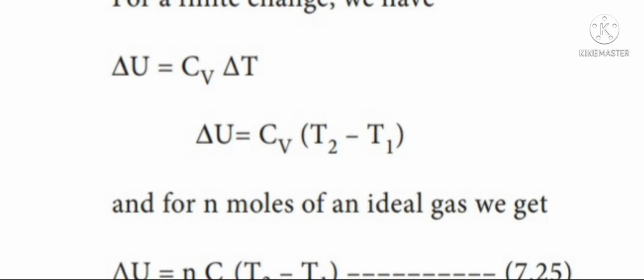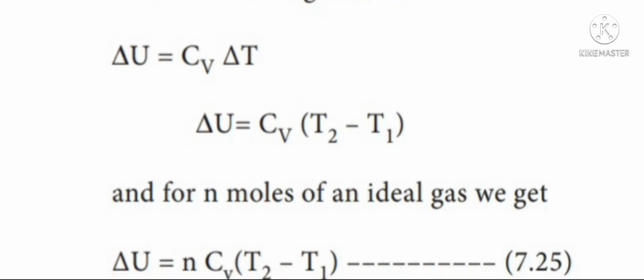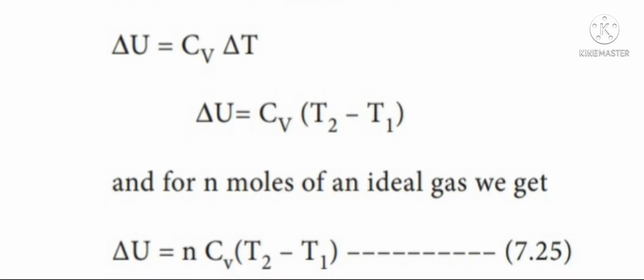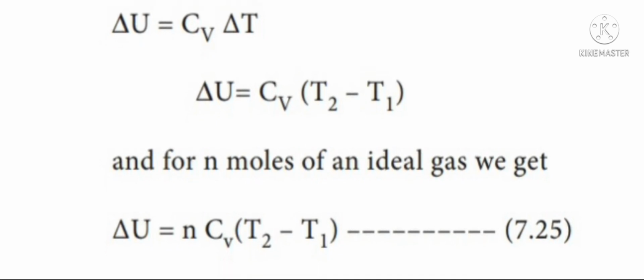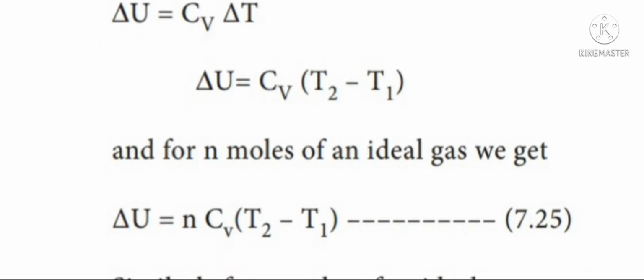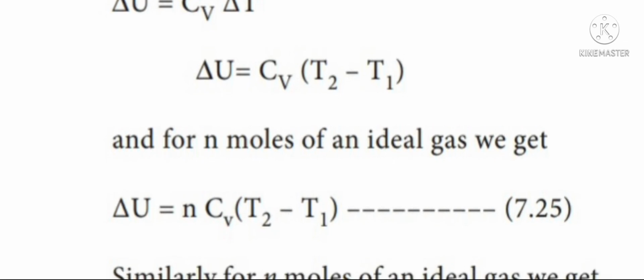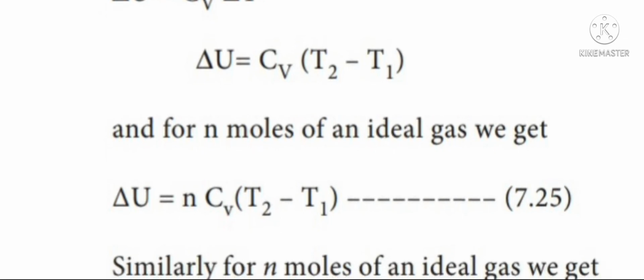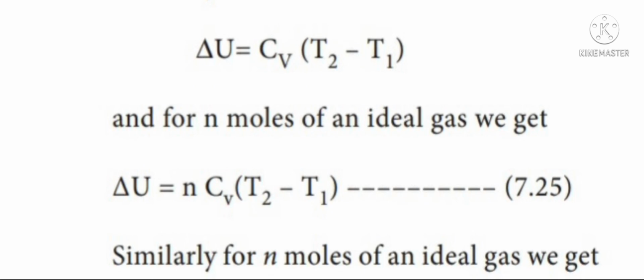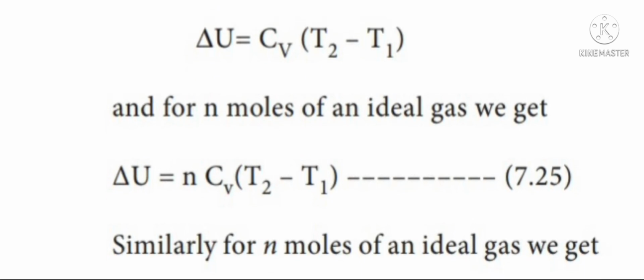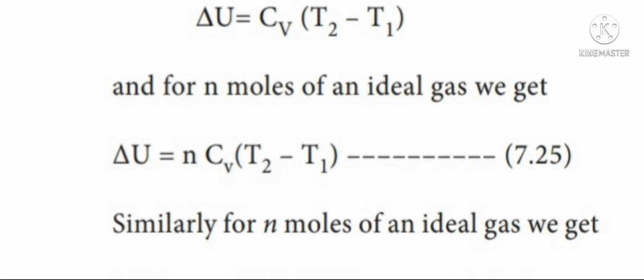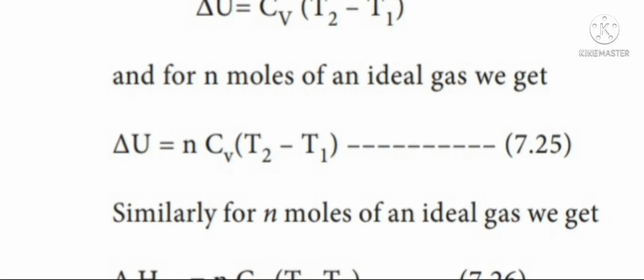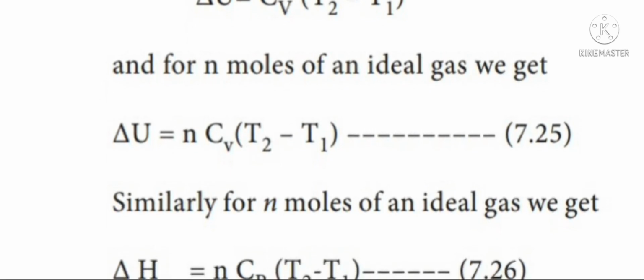And for n moles of an ideal gas, we get delta U is equal to n into Cv into T2 minus T1. It is given by equation 7.25. Similarly, for n moles of an ideal gas, we get delta H is equal to n into Cp into T2 minus T1.